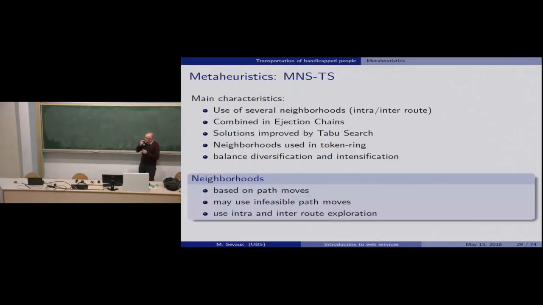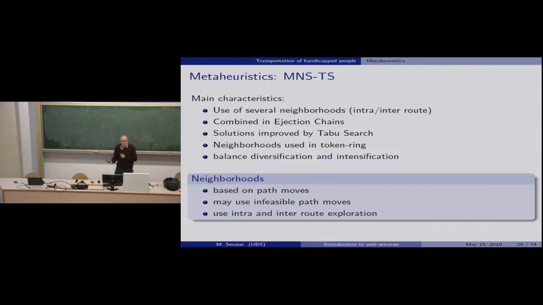So we did not choose the 2 strategies presented by Christian, cluster first, route second, or route first, cluster second. In this case, we did not choose either of these 2 strategies.